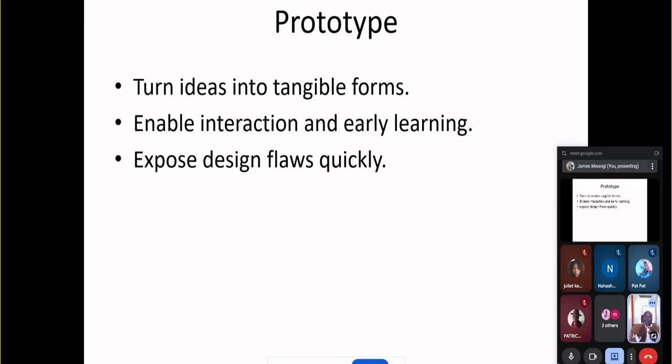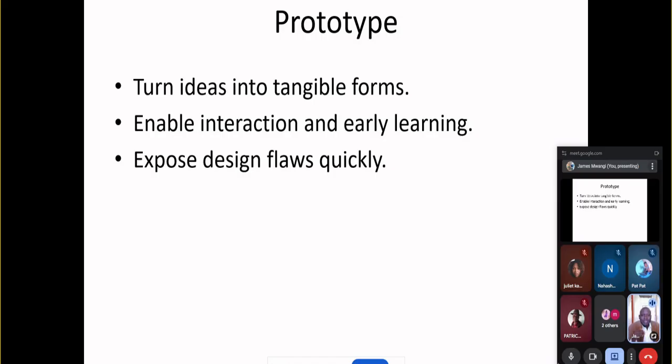You enable iteration and early learning. So when you start to iterate, you come up with a prototype, you test it, you change the variables so that the second one has improved from the test. You are iterating so that you come closer to the best solution possible.